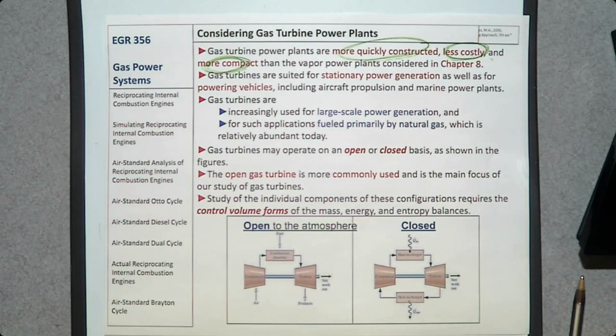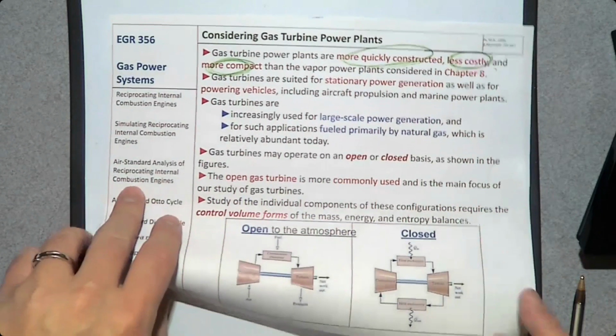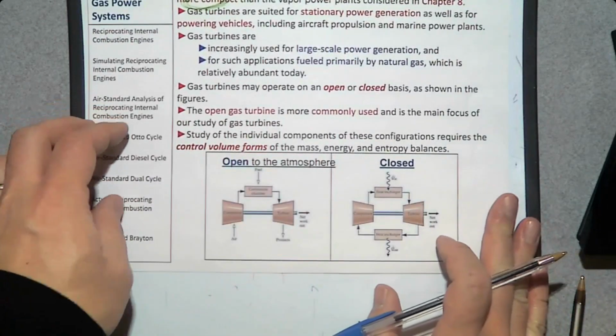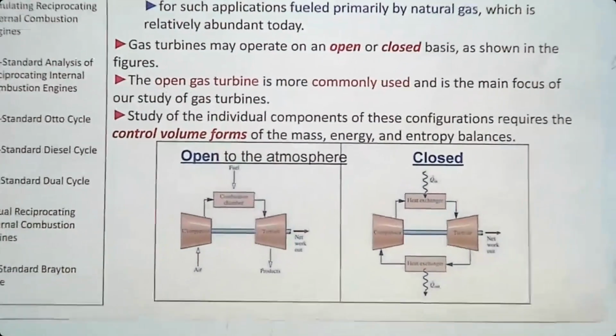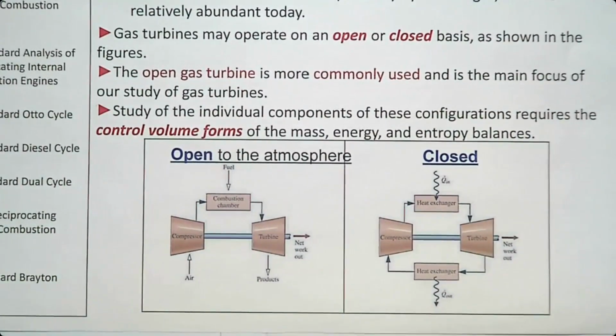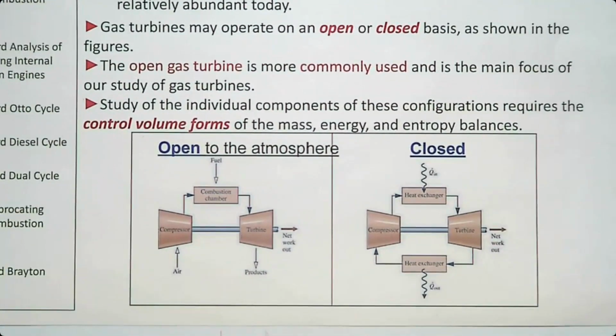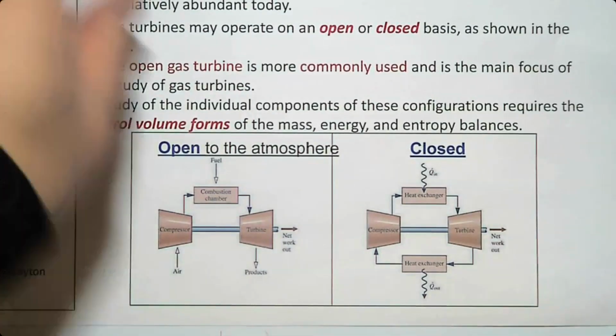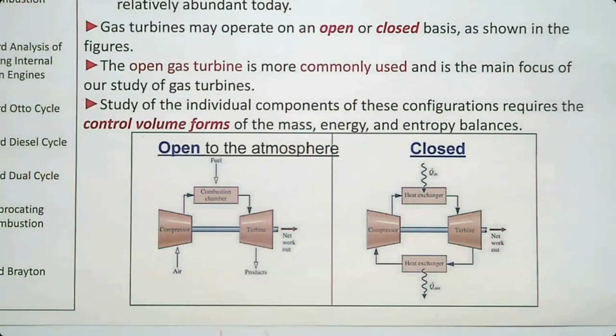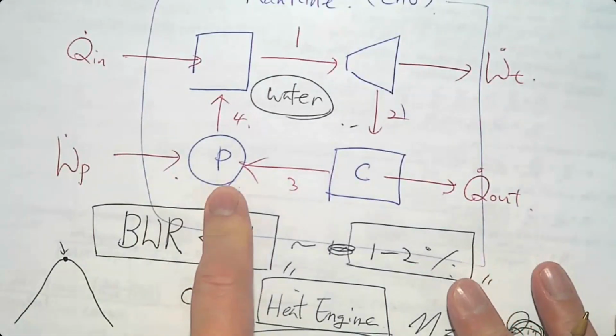So this gas turbine consists of mainly three components. One is compressor. This compressor replaces this pump.